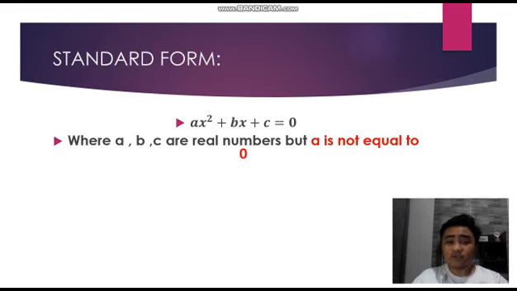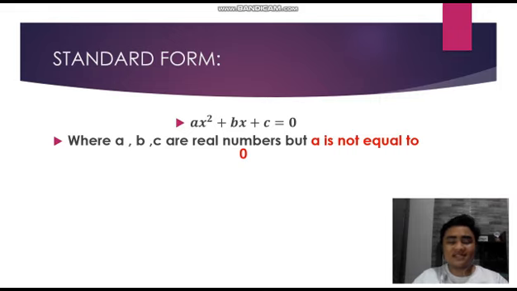Variables are not limited to x but could also be other letters, as long as we can call it a variable, while the 2 is the exponent. Take note, when you see an equation whose highest possible exponent is 2, automatically that equation is what we call a quadratic equation.